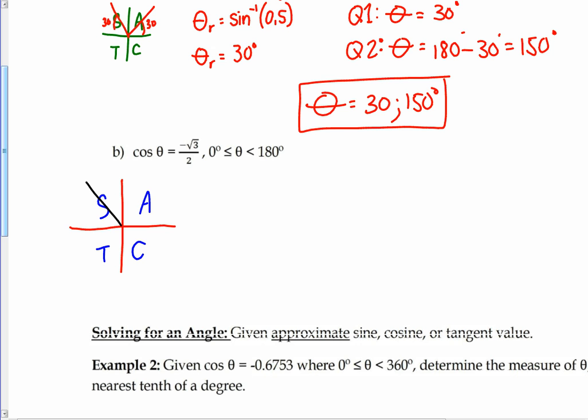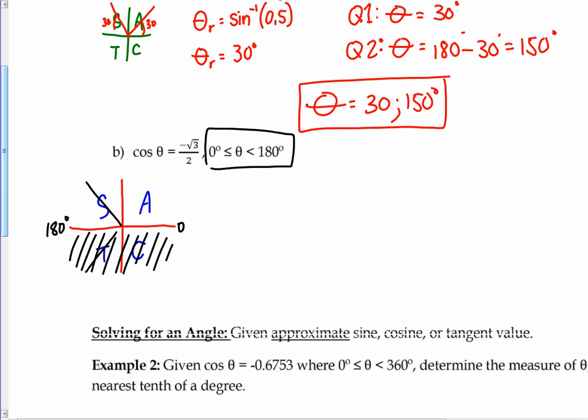S and T, except what does it tell me about this question? If you read the rest of it, our domain is just between 0 and 180. So we're actually not including any of that part of our answer. We just want quadrant S, or 2. Yeah, we just want the second quadrant.